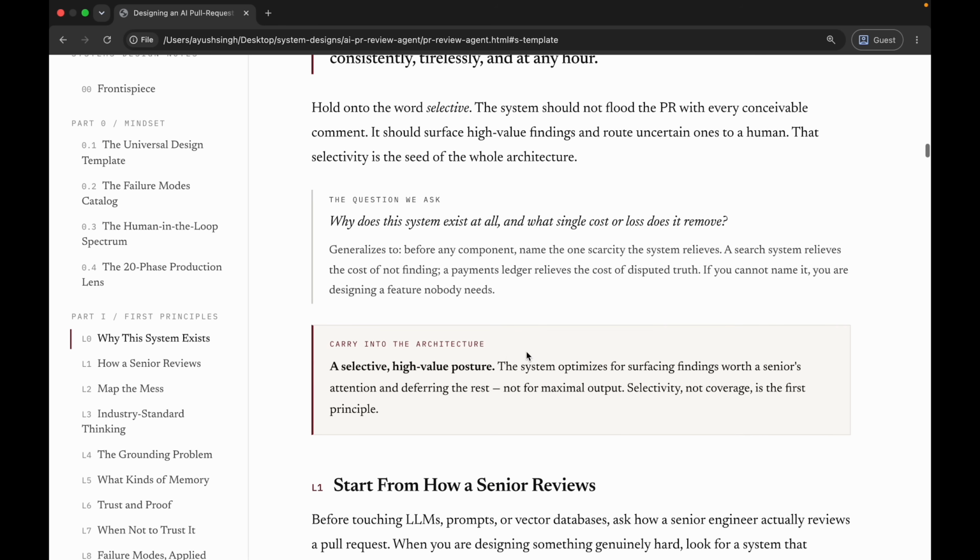And again, if we need to carry one thing after this section, which is L0, it is that the system optimizes for surfacing findings worth a senior's attention and deferring the rest, not for maximal output. It should not just go ahead and blurt out the feedback. It should be selective; not coverage is the first principle altogether.